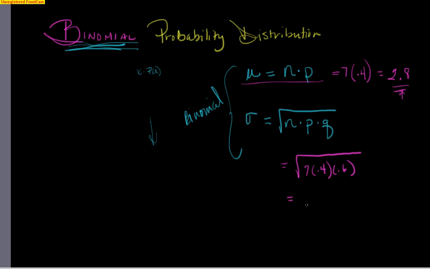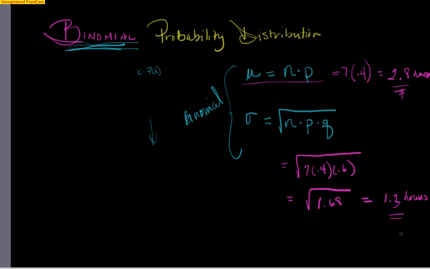If you do that on your calculator, remember to do the multiplication first, the square root of 1.68, and that is going to equal 1.30 houses. All right. So she can expect to sell 2.8 houses with a standard deviation of 1.3 houses.